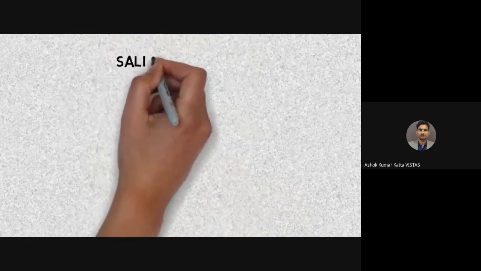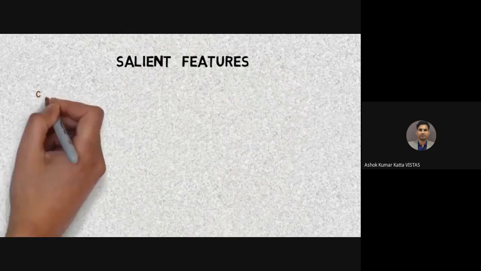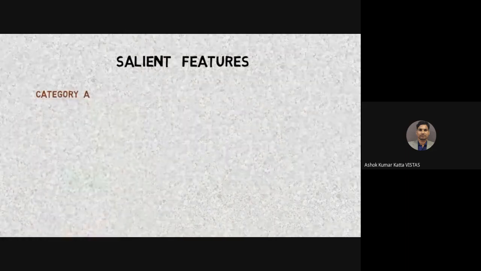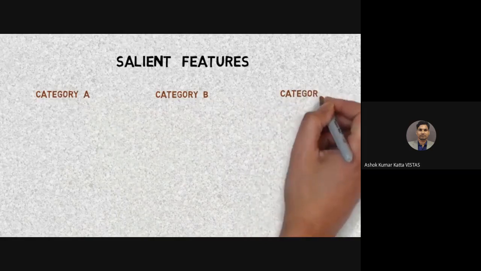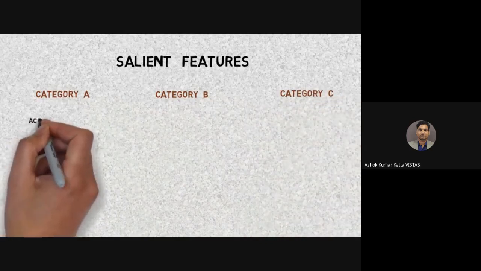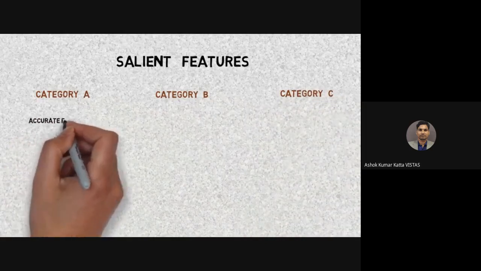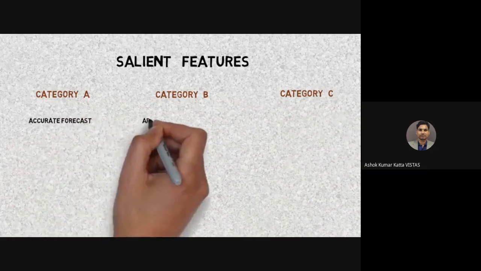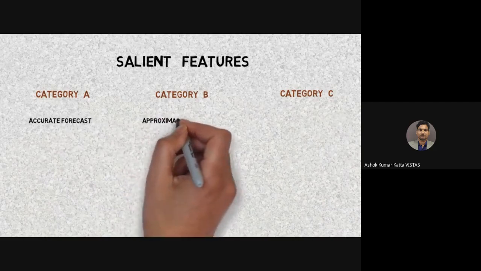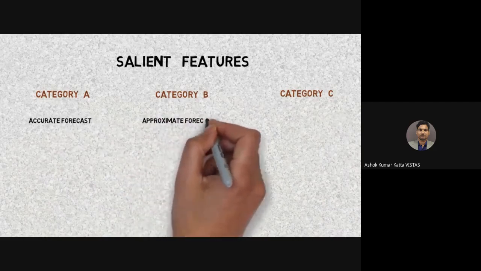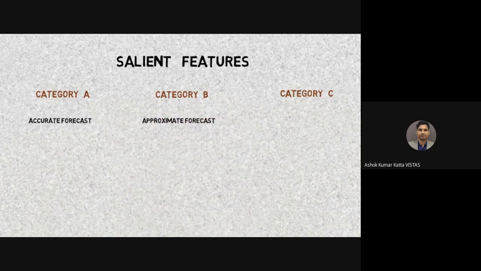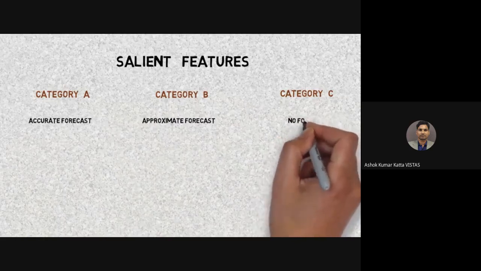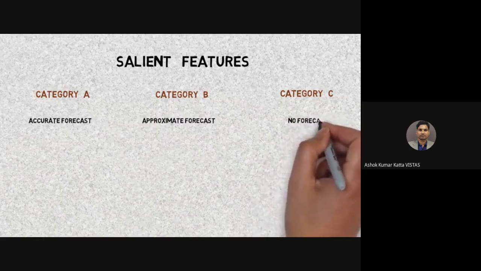Now, some salient features of Category A, Category B, and Category C type materials. In Category A materials, accurate forecast of quantity is needed, whereas in Category B, approximate forecast of quantities is needed, and in Category C, no need of forecasting, even rough quantity estimate is sufficient.